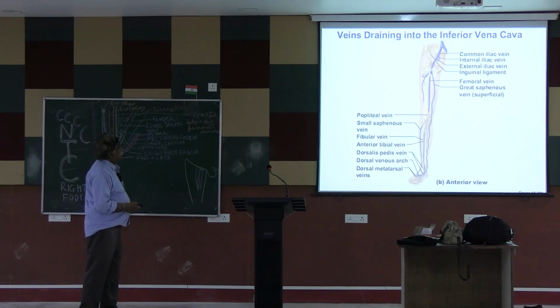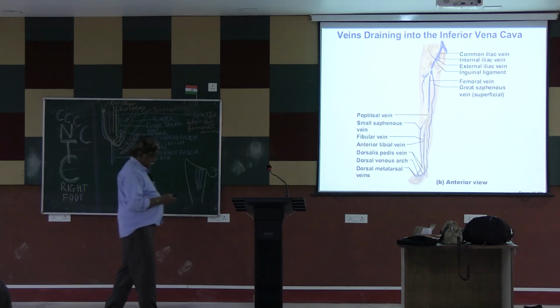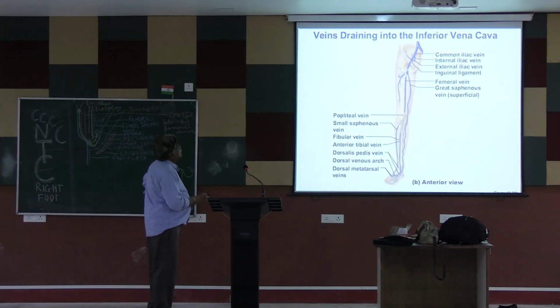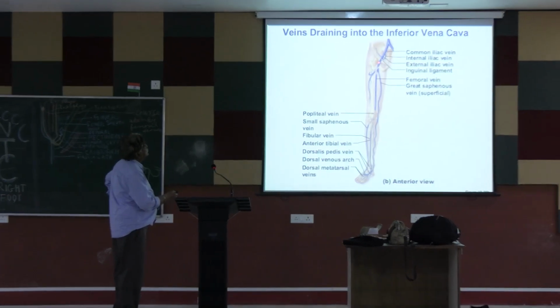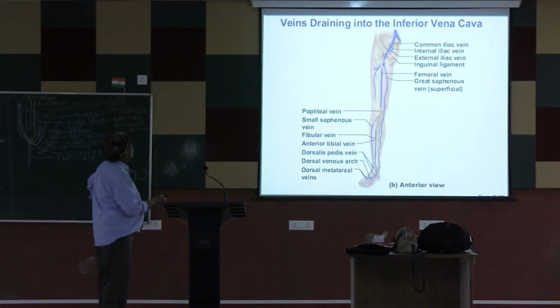Veins draining into the inferior vena cava. See, common iliac vein, internal iliac vein, external iliac vein, inguinal ligament and femoral vein, great saphenous vein, superficial. This is the anterior view. This is the popliteal vein, small saphenous vein, fibular vein, anterior tibial vein, dorsalis pedis vein, dorsal venous arch, dorsal metatarsal veins.